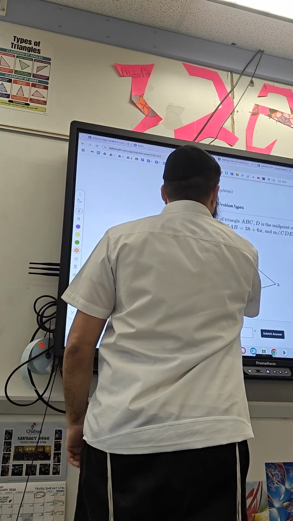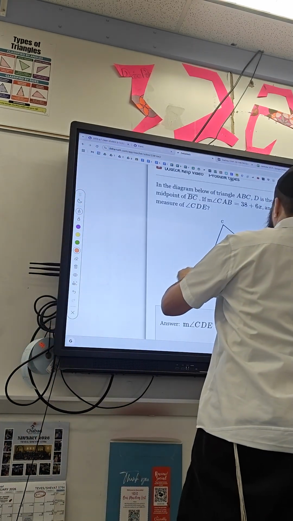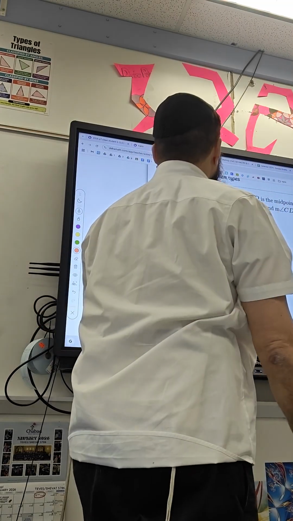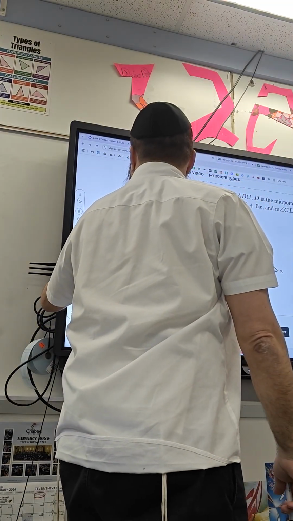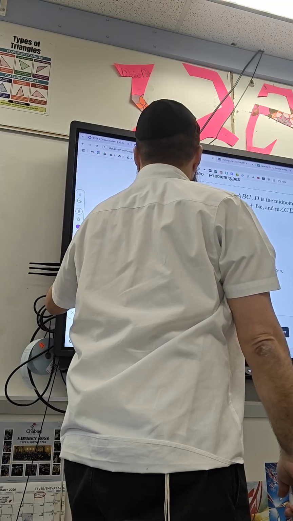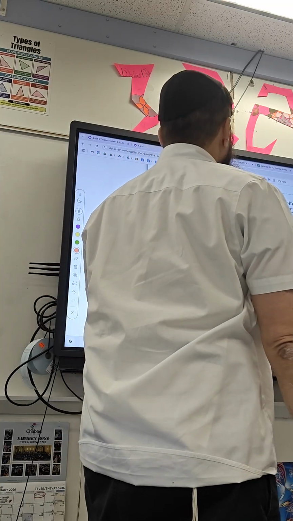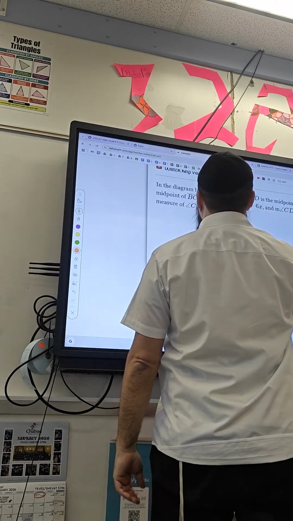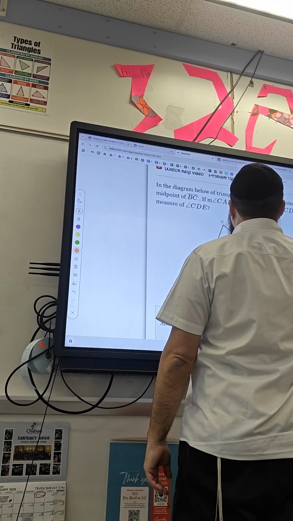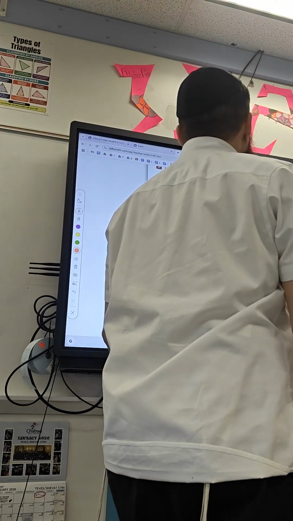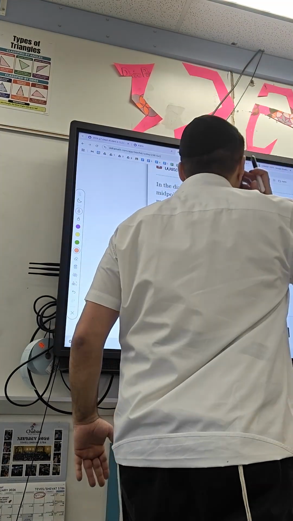Okay, so now we have a different kind. This is the algebraic mid-segment. They're telling us that D is the midpoint of AC and E is the midpoint. So these are midpoints right here. This one has angles.